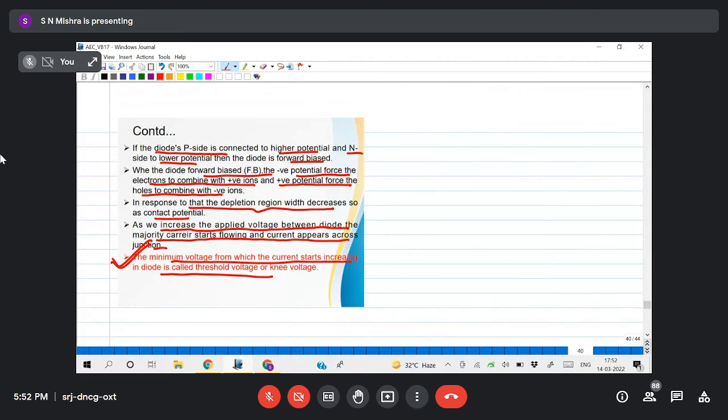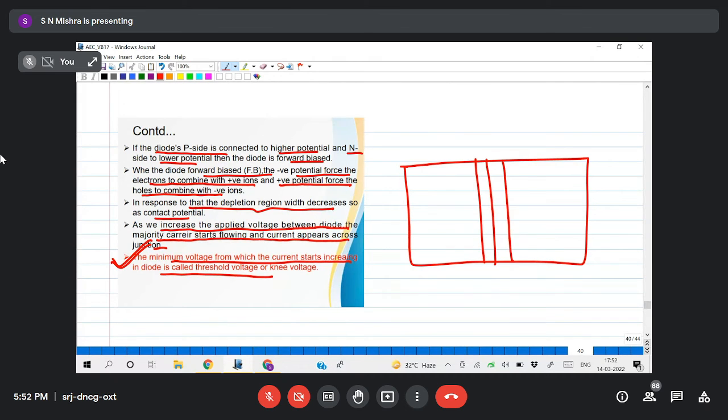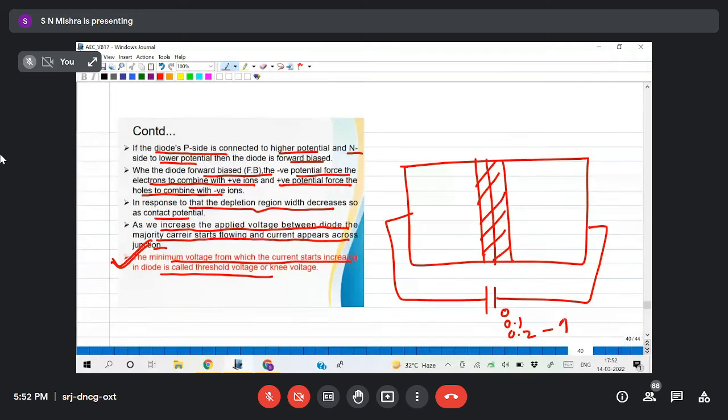That means we have just now seen, if this is the diode and this is the depletion region, right? When you apply voltage, suppose initially I have started with 0 volt, then 0.1, 0.2, 0.3, like that. I increase the voltage, and this depletion region, earlier it was this much, then as I increase the voltage more and more, this depletion region will decrease.